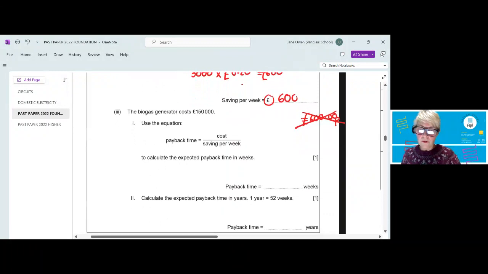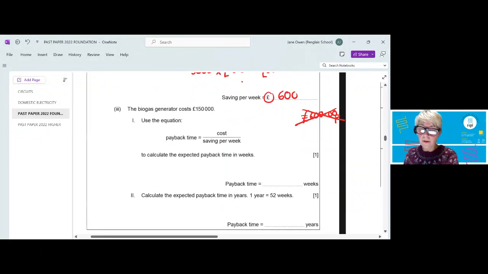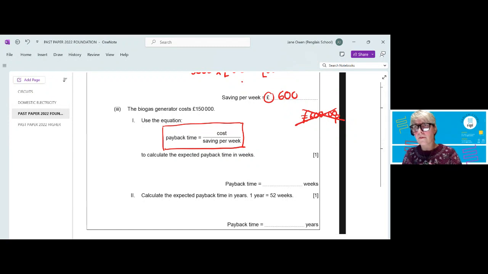The biogas generator costs 150,000. Now this is another equation that actually is not featured on page 2, and I think it should be featured on page 2, but it's a very useful equation because it works out whether it is worth doing, and how many weeks I have to have it installed before I pay back the initial cost of installing it in the first place.